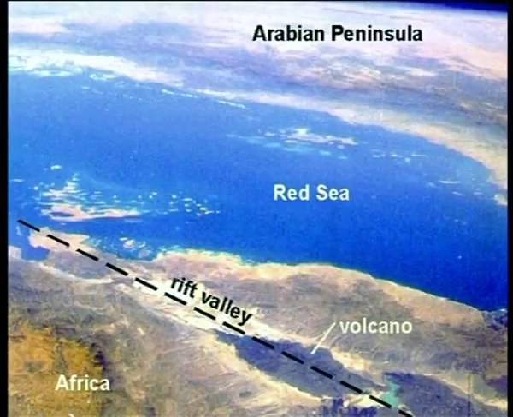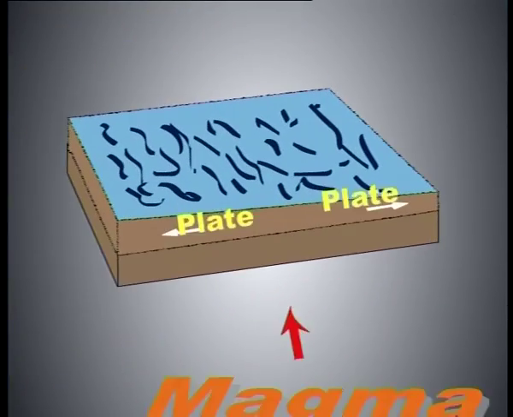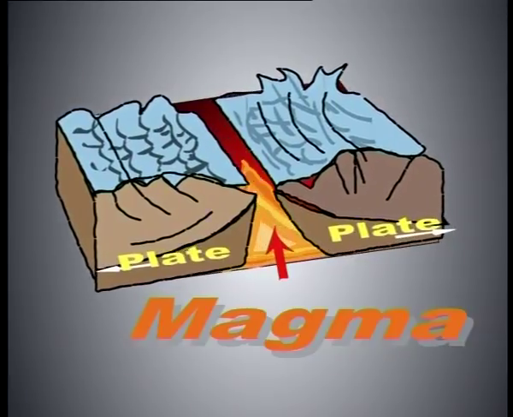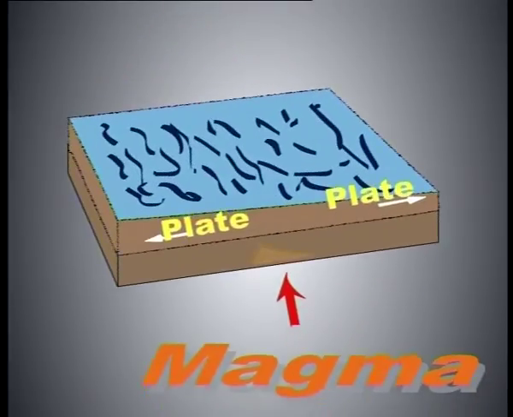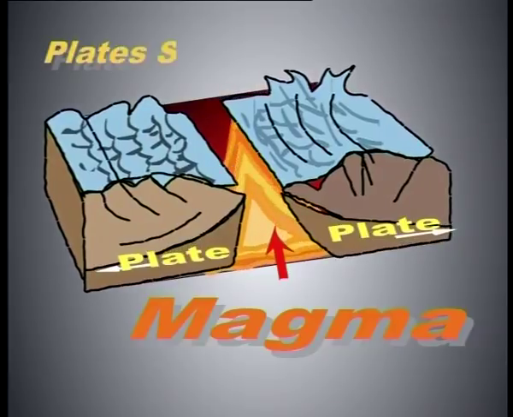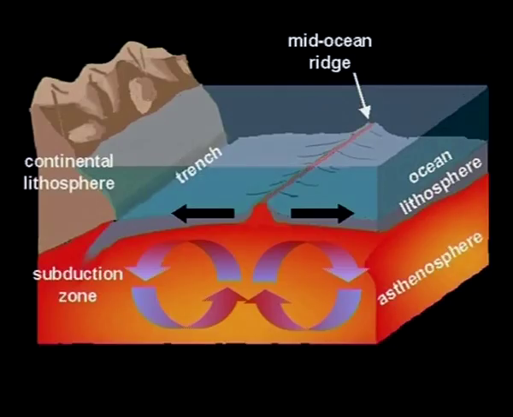The dynamics of divergence of plates is not yet completely understood, but it was suggested by W. Jason Morgan in 1972 that a series of hot spots, or regions of very high heat flow, rise from the core mantle boundary, and when they are aligned along a line, they cause the spreading out of the asthenosphere and consequently the lithosphere above it.